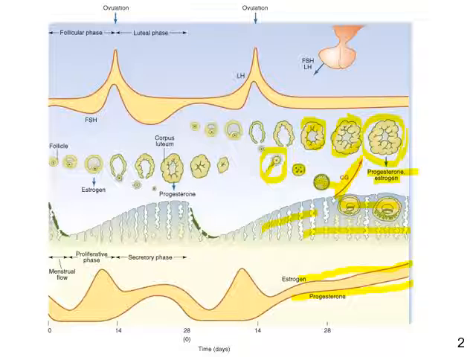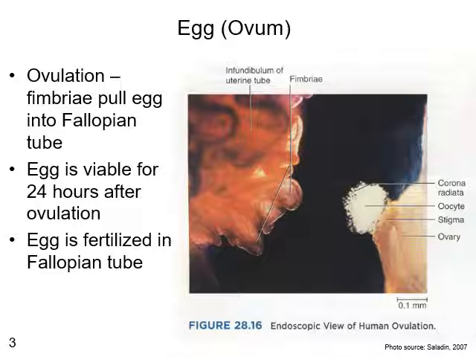You'll remember this slide from last week. This is where we were at. So this cycle starts with ovulation, just like the previous one did. Here is an image of an oocyte surrounded by a corona radiata, which are granulosa cells, and the zona pellucida.